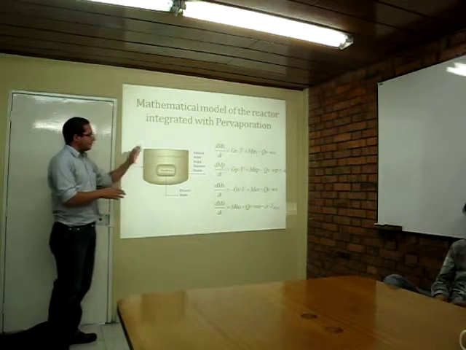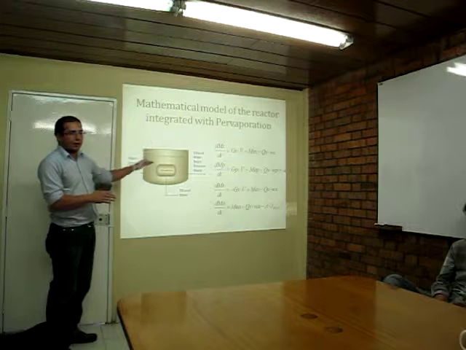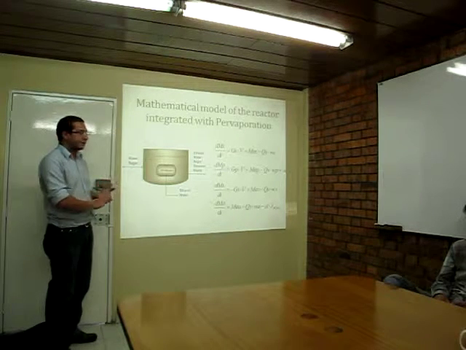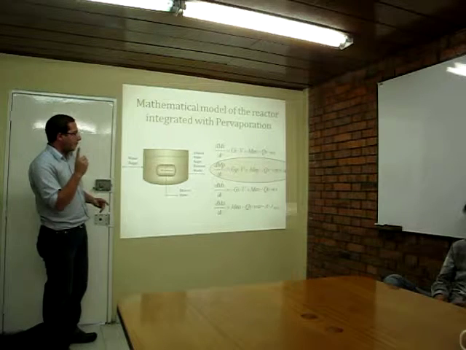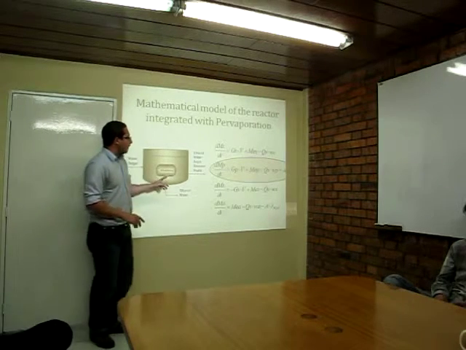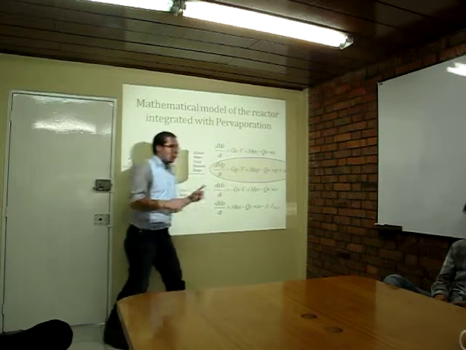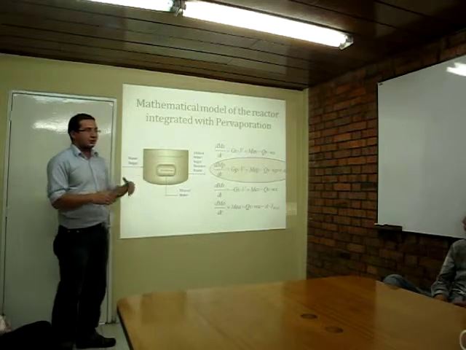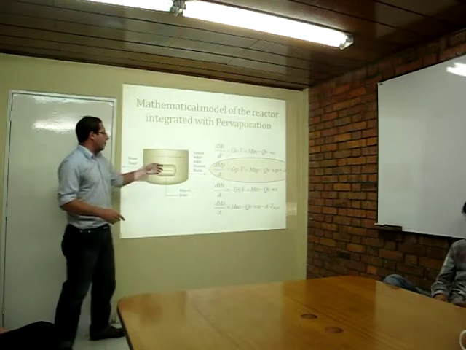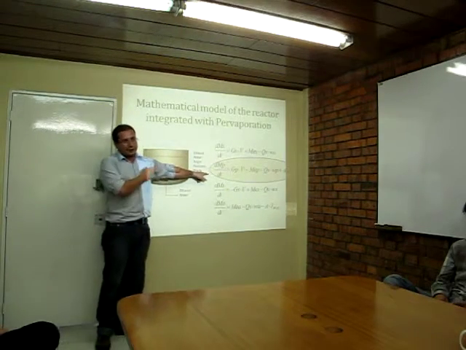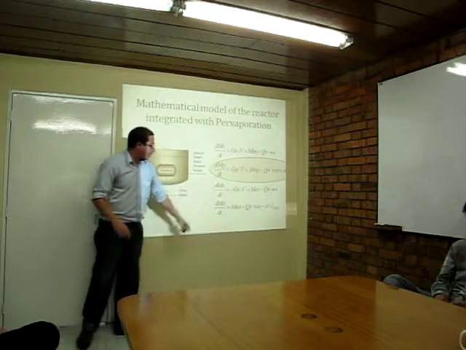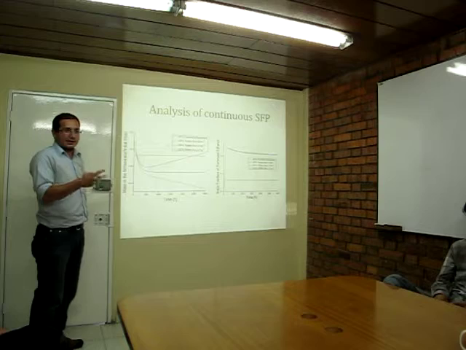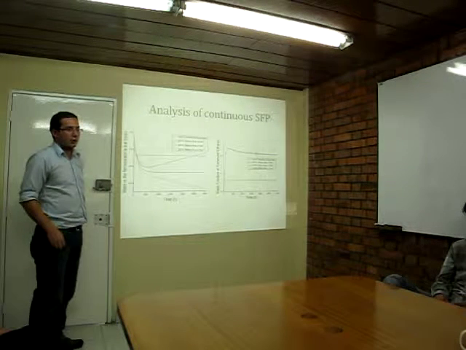We can see that this is a typical CSTR reactor behavior, but with one difference: it has one extra term, the flux through the membrane of ethanol and water, because the membrane allows the passage of these two components.